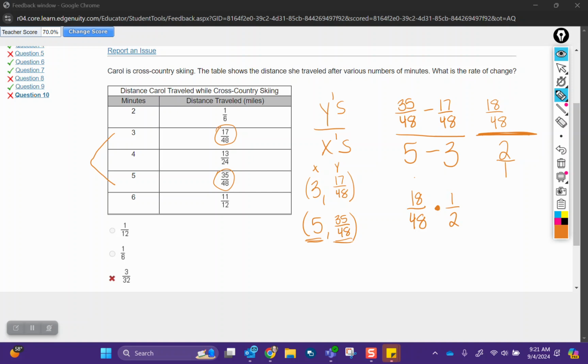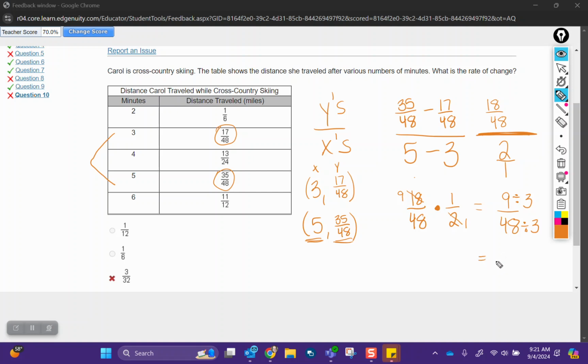And now let's do some cross canceling here. 2 goes into 2 once, 2 goes into 18 9 times. Now I can multiply across the top and the bottom. That's 9/48. 48 is divisible by 3, and 9 is divisible by 3.